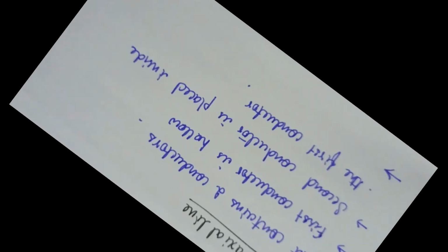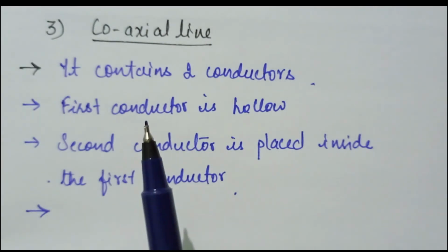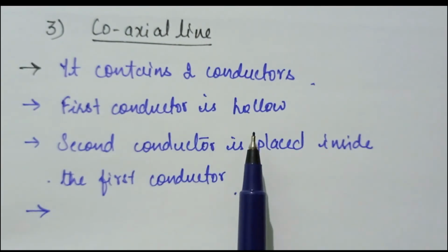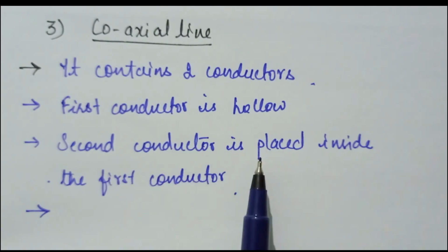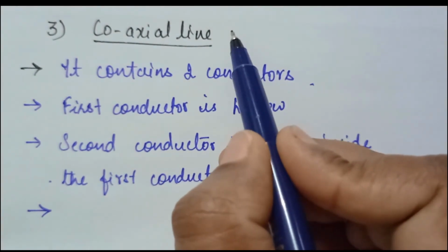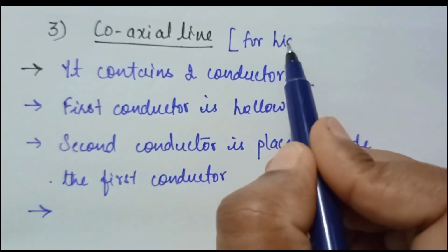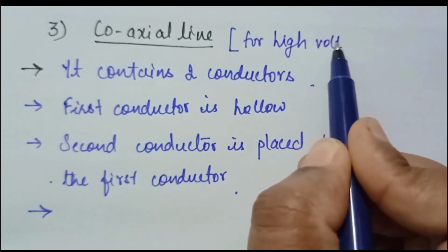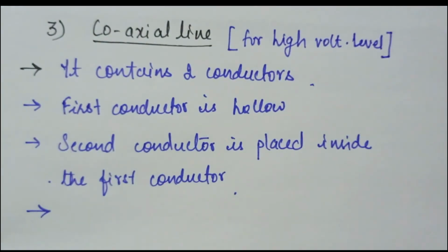Next type is the coaxial line. It contains two conductors. The first conductor is hollow, and the second conductor is a thin solid conductor which is placed inside the first conductor. It is preferable for high voltage levels.